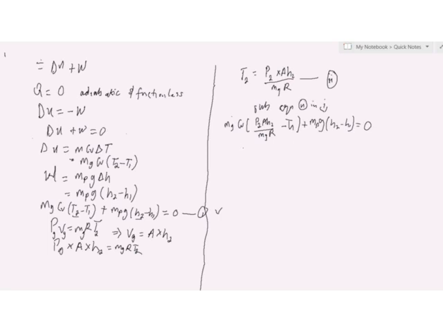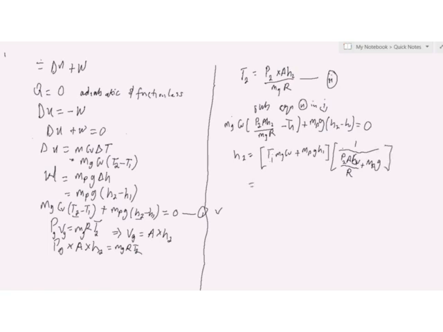After expansion we end up having h2 equal to T1 mg cv plus mp g h1, close bracket, then another bracket 1 all over P2 A cv all over R plus mp, mass of the piston, multiplied by the acceleration due to gravity.